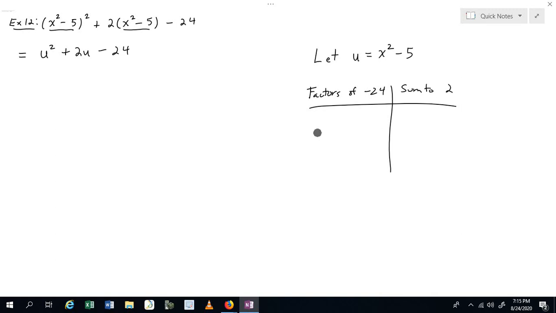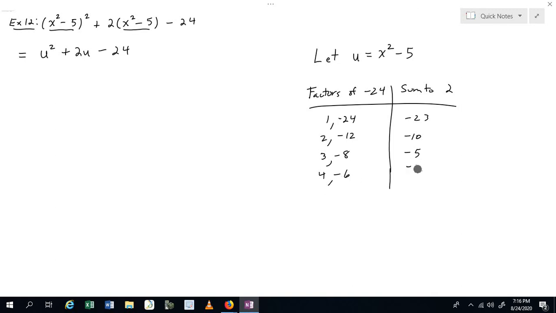Let's run through these. 1 and 24, one of them has to be negative, that would add up to negative 23. 2 and negative 12 adds up to negative 10. 3 and negative 8 adds up to negative 5. 4 and negative 6 adds up to negative 2.